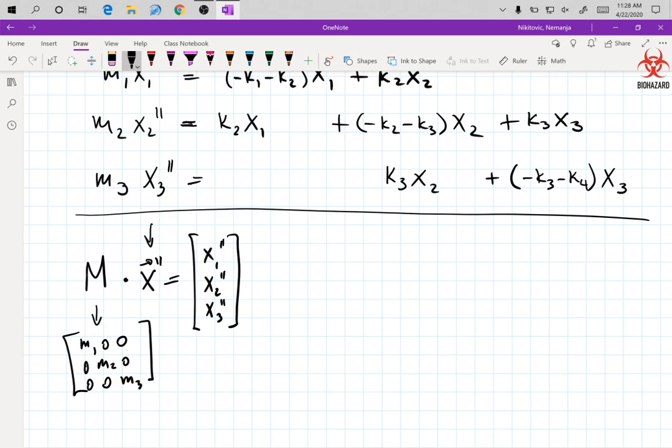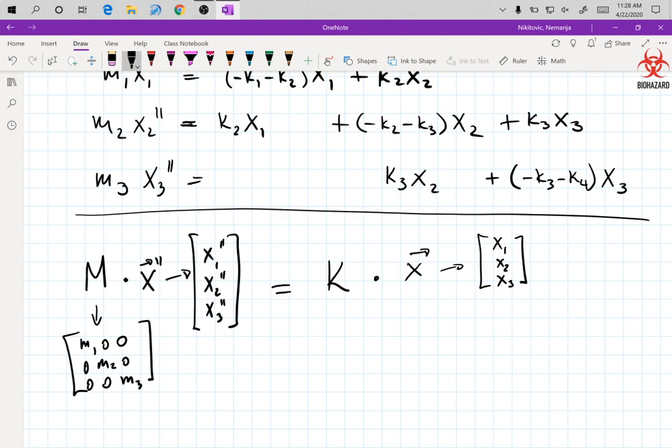So now when I have this, on the other side, I'm going to have k times vector x. Now vector x is just a vector of x1, x2, x3.